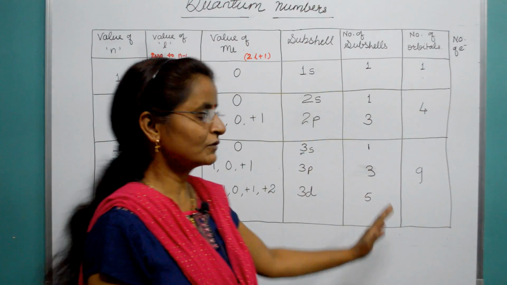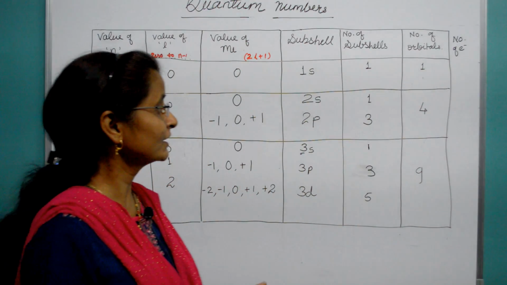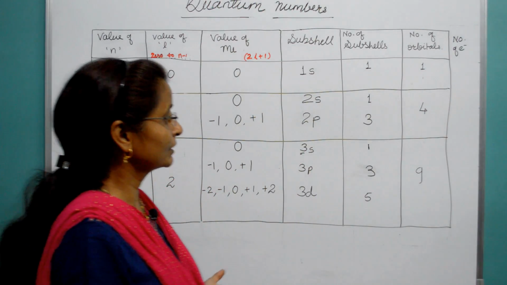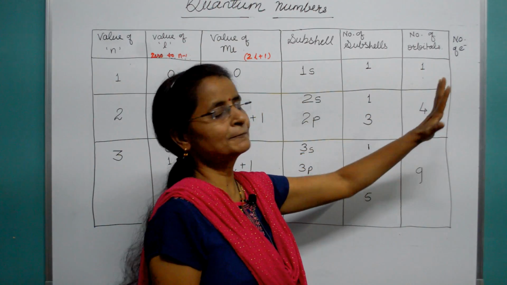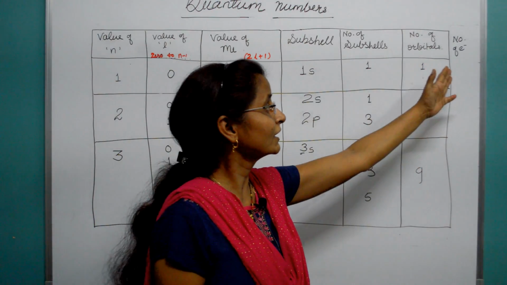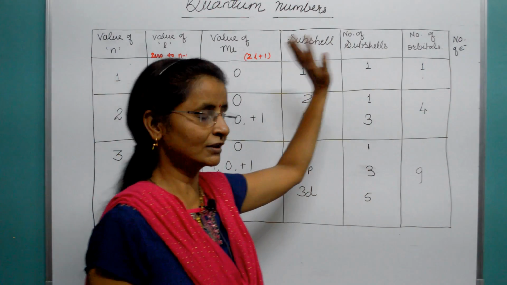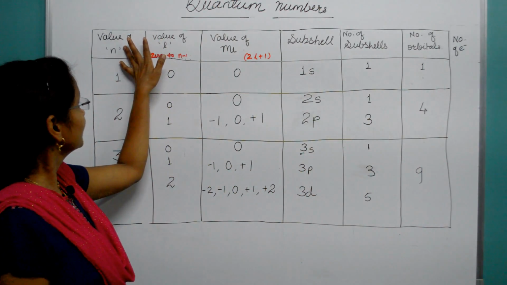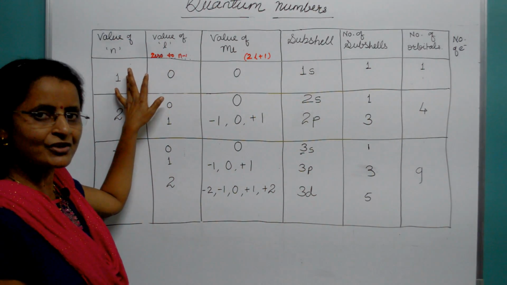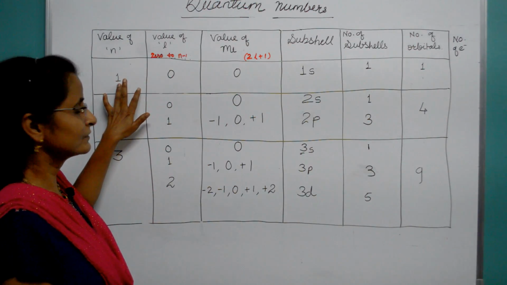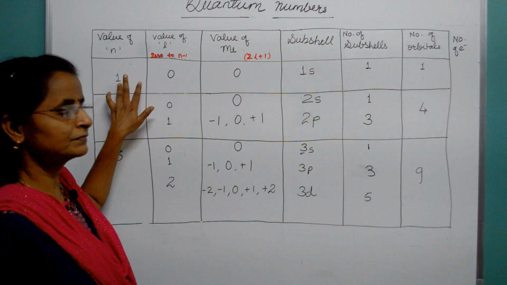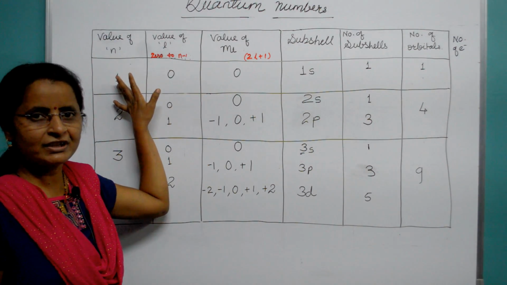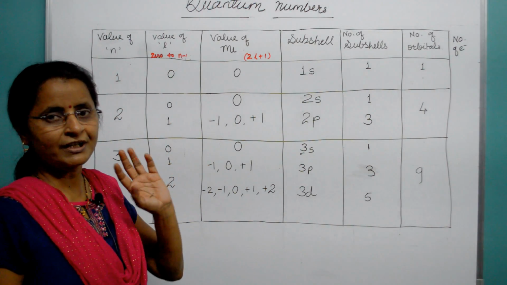With these three quantum numbers we know about the shape, size and orientation of an orbital, and how many electrons get occupied we will again discuss with the help of this table. So here first, n represents the principal quantum number. If it is 1, it means the first energy level, because the principal quantum number represents the shell or energy level.